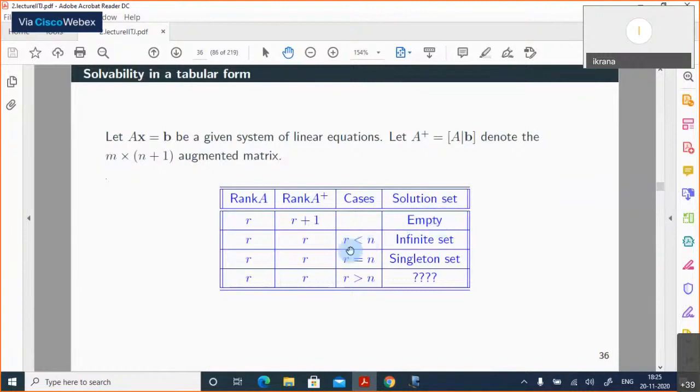If the rank is strictly less than n, there are infinitely many solutions, and if the rank equals n, there is a unique solution. So this is the application of Gauss row echelon form to solving a system of linear equations. It gives you all possible solutions.